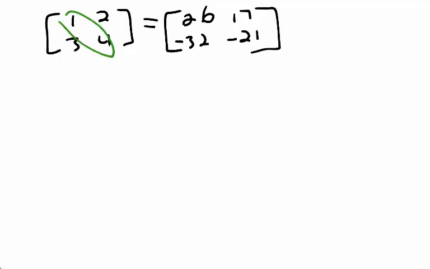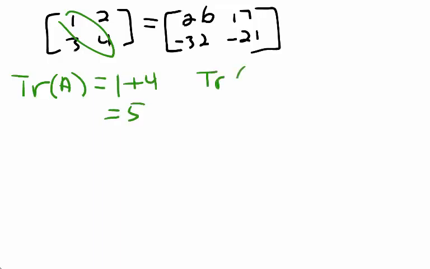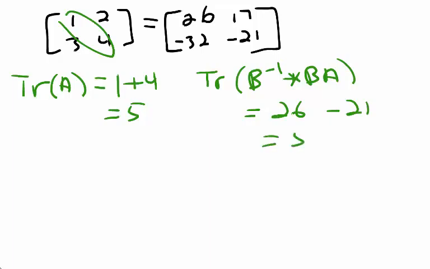Taking the trace of each, the trace of A equals 1 plus 4, which equals 5. The trace of B inverse times AB equals 26 minus 21, which equals 5.